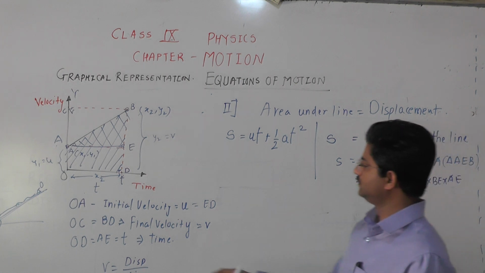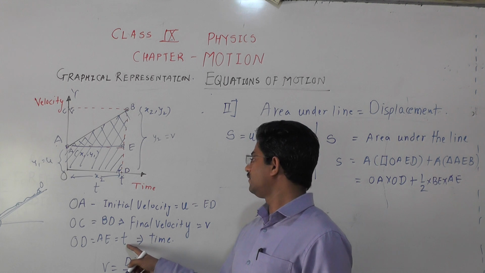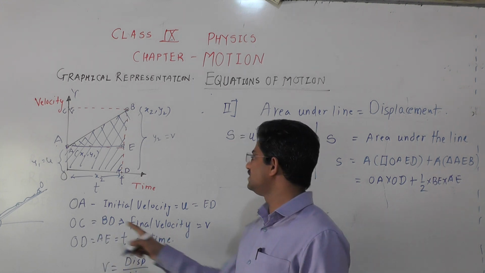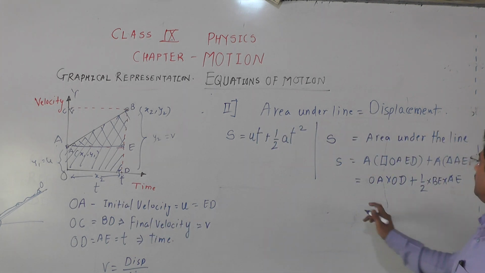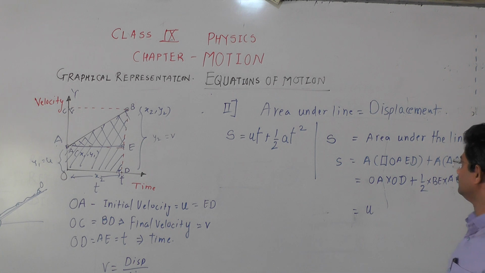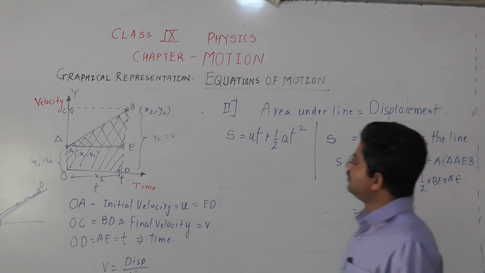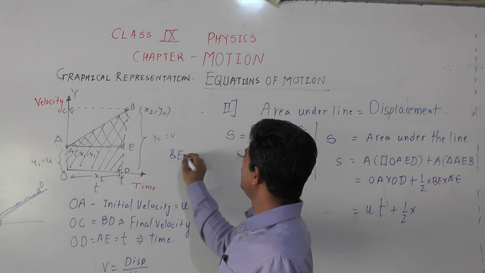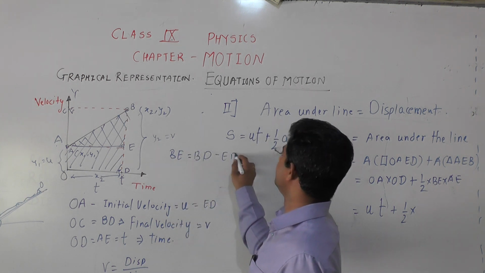We already know what these stand for. AE stands for t, OD stands for t, OC is the final velocity, and OA is u. Now substituting these parameters, OA is nothing but u, OD is nothing but t. Now what is BE? We have to derive this value. Here BE is equivalent to BD minus ED.